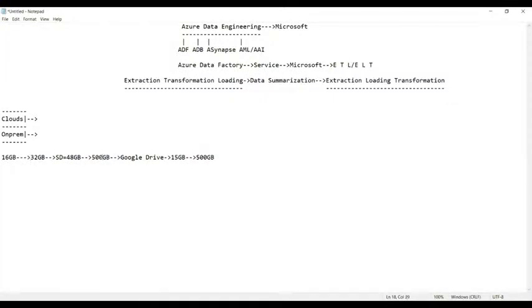Whenever you store the data in Google Drive and you lose your mobile phone, we simply buy a new handset and log in to it using the previous email ID with which this Google account was created, and we enter the password.